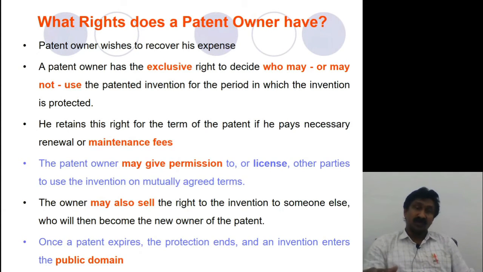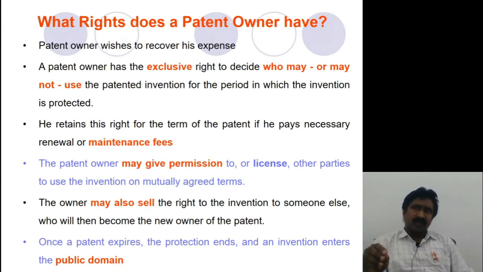And if it is a very useful technology, then certainly the companies will try to procure it and make it their own. So the patent owner may sell that patent, just like any other property, to the companies who want to own it. So that's it.